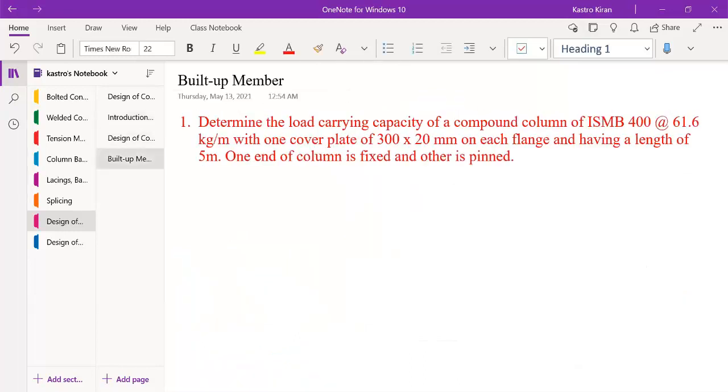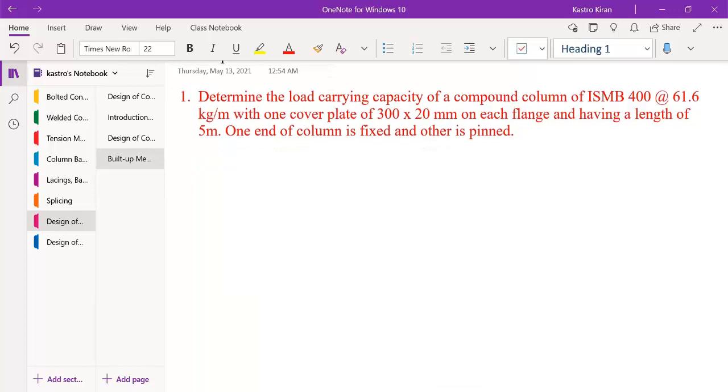Before we talk about this problem, let's understand what a built-up section is. You have a regular I section. Suppose, for example, consider it as ISMB 300.